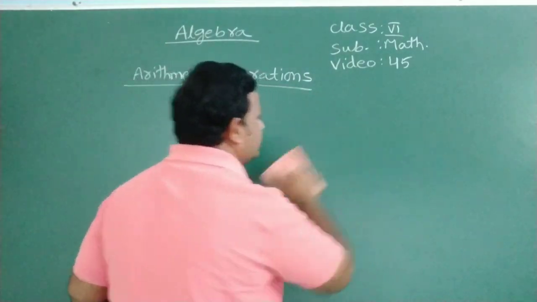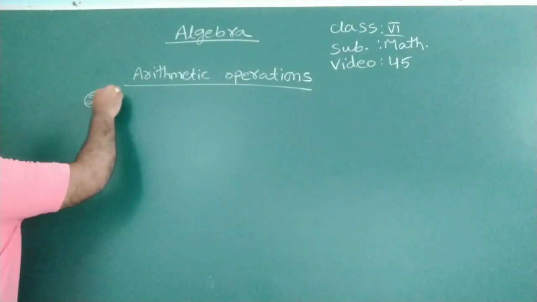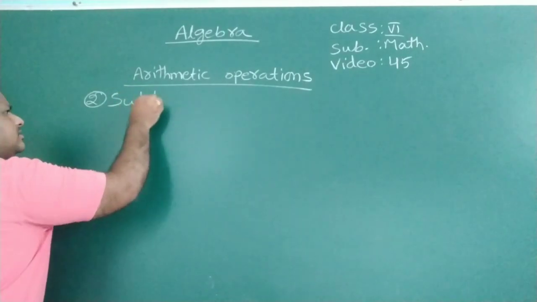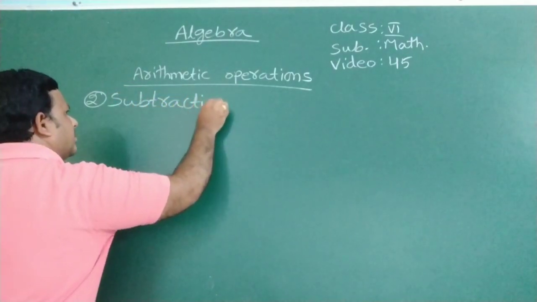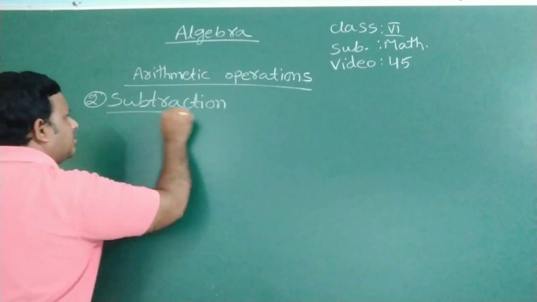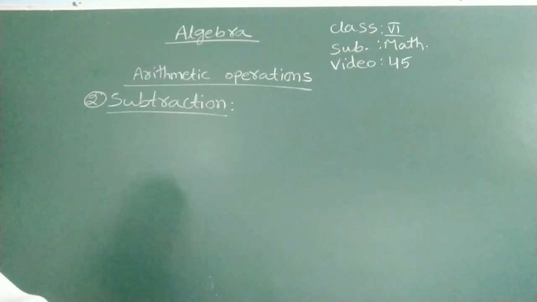Let us see. Number 2, subtraction. So subtraction of algebraic expressions or subtraction of like terms also has the same condition: like terms. Compulsorily we need to have like terms.